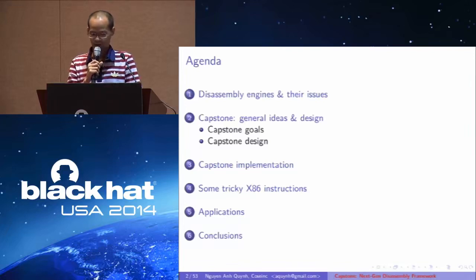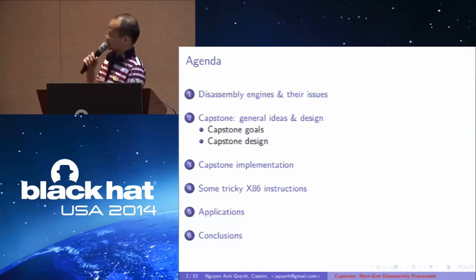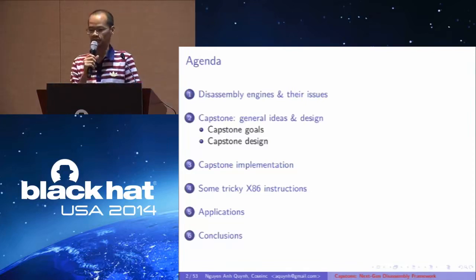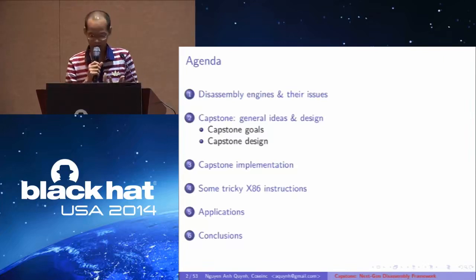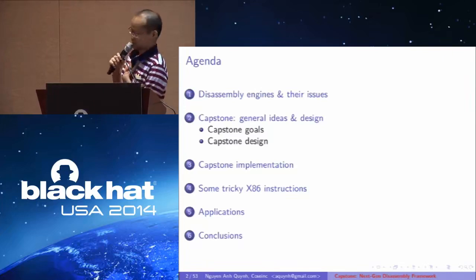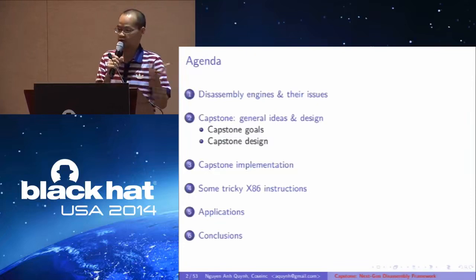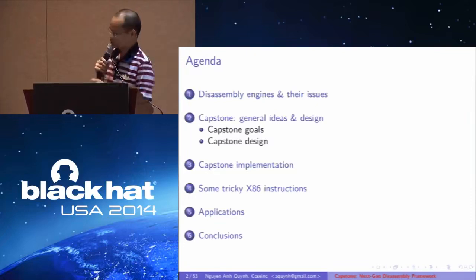Next, I introduce the implementation in details. And after that, I introduce some very tricky x86 instructions, and some of them no other engine can handle, but Capstone. And after that, there are some applications built on top of Capstone, because Capstone itself is a framework, it's not a tool. And conclusion.